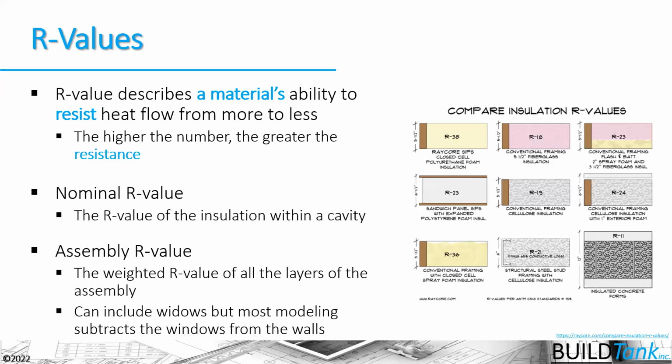We have this notion of nominal R value, the R value of the insulation within the cavity. And then the assembly R value is the weighted R value of all the types of materials that create that assembly here. And so we can look at compliance using both the nominal R value or the assembly R value, because the code has done the work for us to equate those two things to mean the same thing.